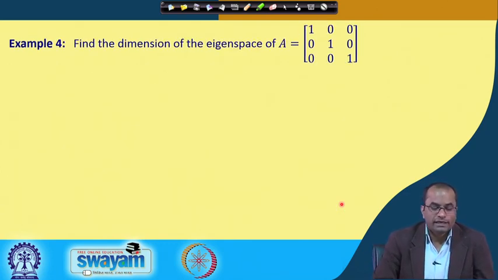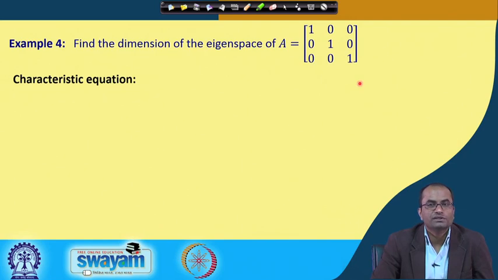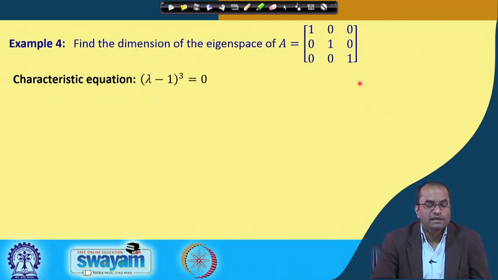In this example, again we will take the identity matrix, very simple to evaluate. We want to find the dimension of the eigenspace of A equal to this identity matrix, and if we write down its characteristic equation, we get (lambda minus 1) to the power 3 equal to 0.